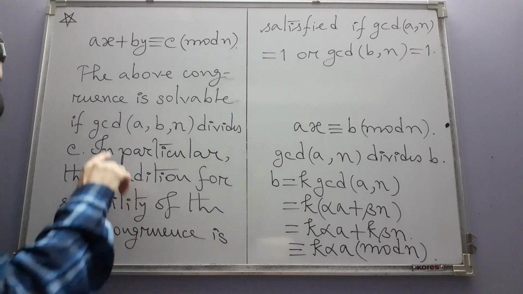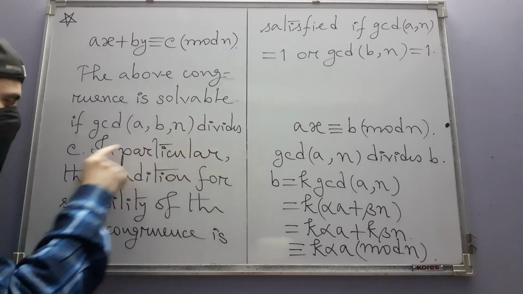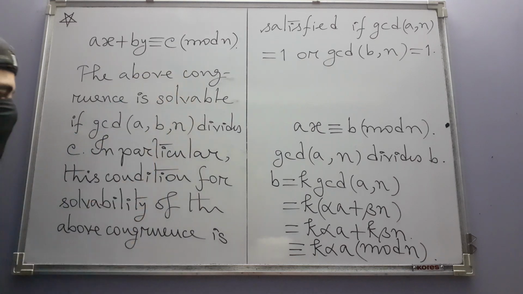Condition for solvability means this condition, that the GCD of A, B and N divides that integer C.